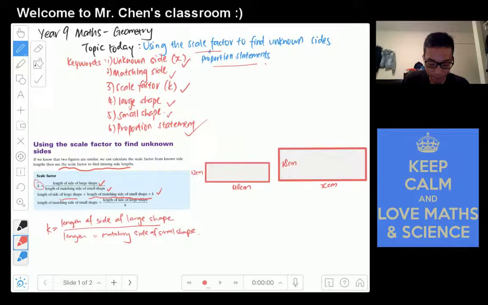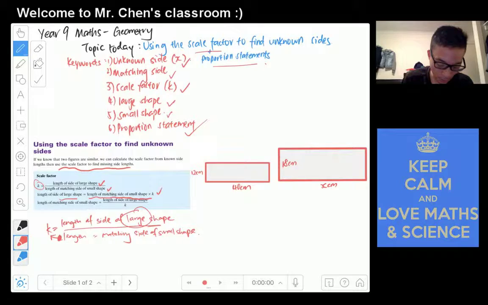Let's say we want to find the unknown for the large shape. If the length of the side of the large shape is not given, then all you need to do is move the length of the matching side across. Because it's initially divided, to get rid of the divide you multiply.